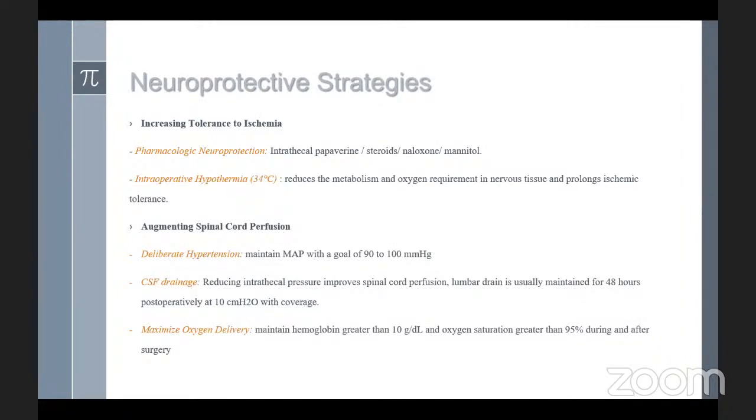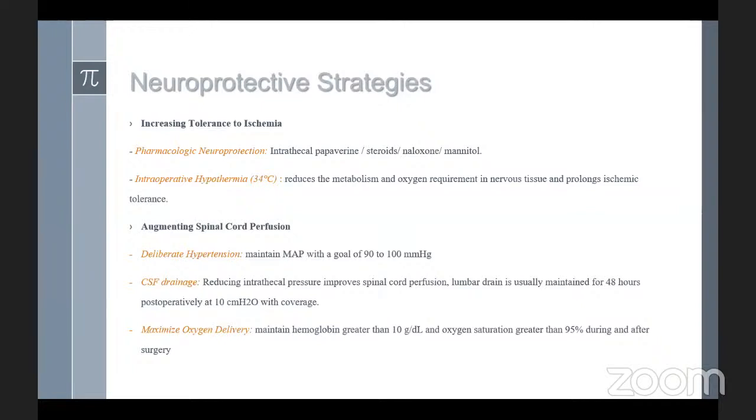We can increase the tolerance to ischemia or augment the spinal cord perfusion. Increase tolerance to ischemia, you can do it by two methods, either pharmacological or hypothermia. Pharmacological, we can use papaverine that increases the blood flow with vasodilation, steroids, naloxone, and mannitol. And the hypothermia will decrease the oxygen metabolism required from the nervous tissue and will lead to prolonged ischemic tolerance.